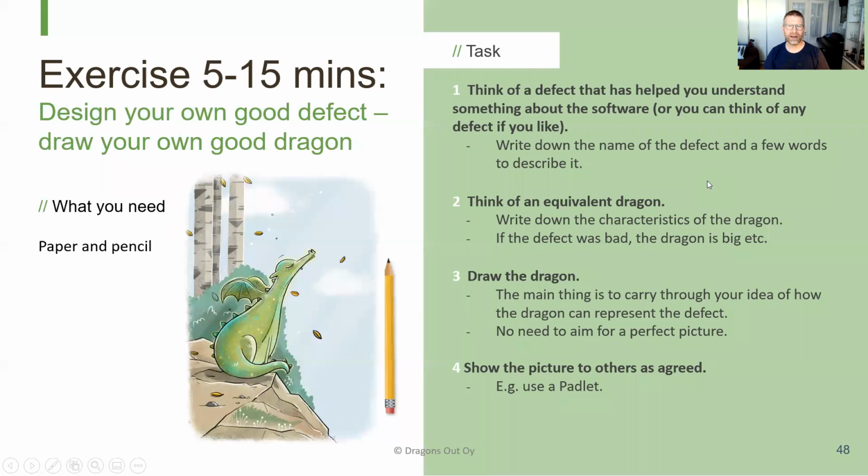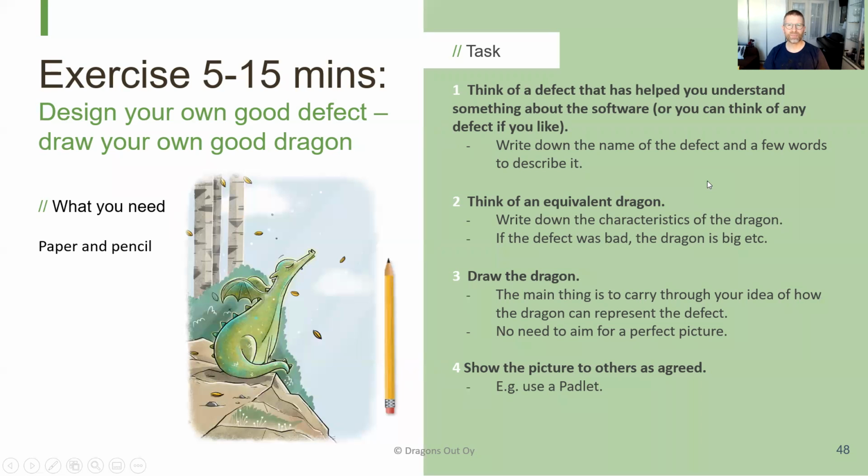And we go to our final exercise. Now, if you are in a hurry, this is another dragon drawing exercise. So you can actually even skip it, but the point here is to think about the good dragons. So if you have still some more time, do it. Think about a good defect, something that has helped you understand how this software works.